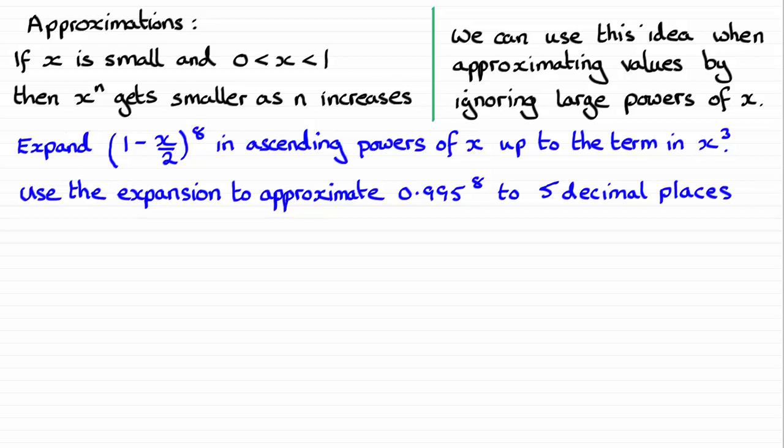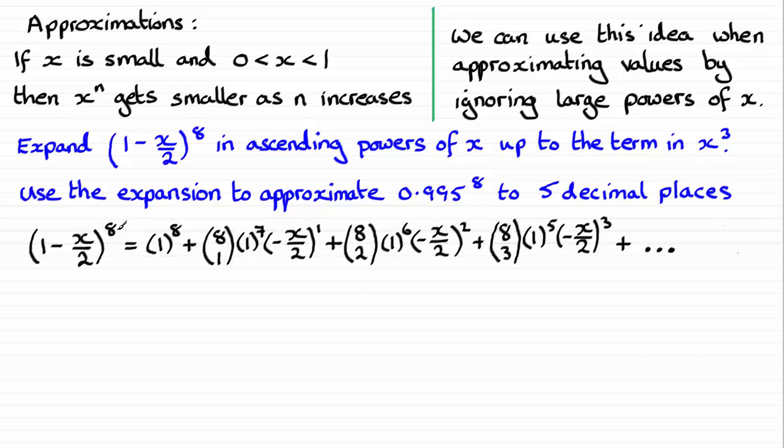So if we expand 1 minus x upon 2 to the power 8 in the usual way, you should be familiar with this, then working this out and tidying it up, you end up with 1 minus 4x plus 7x squared minus 7x cubed.